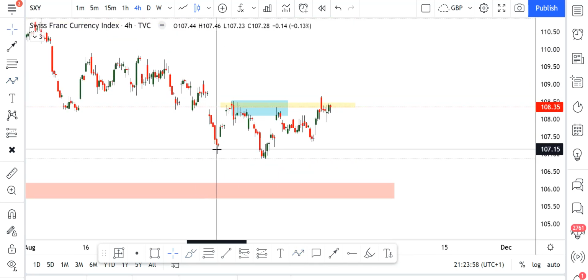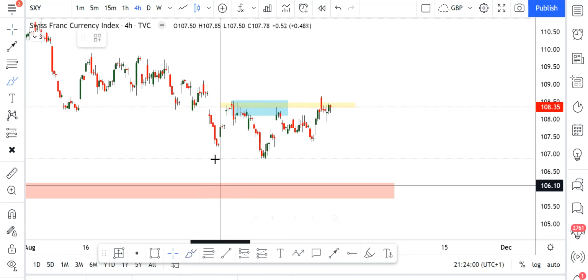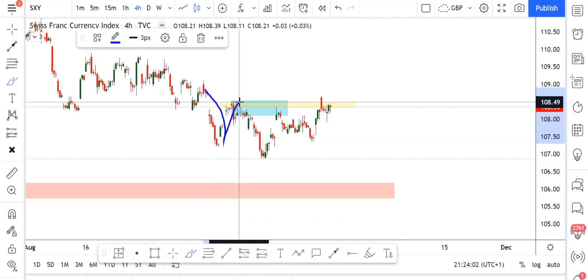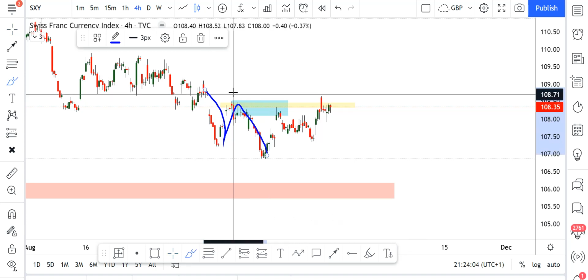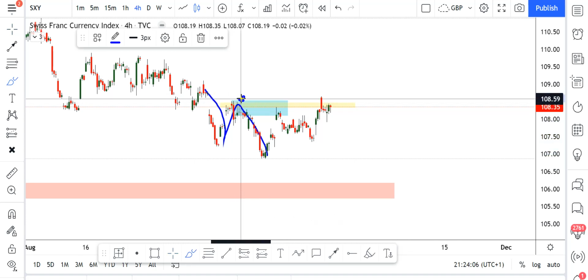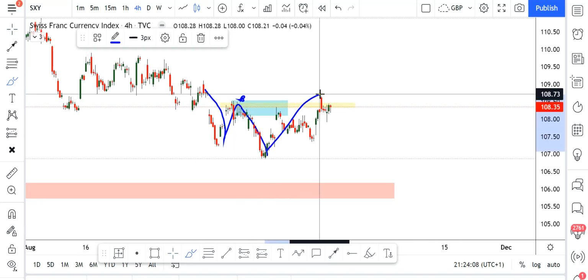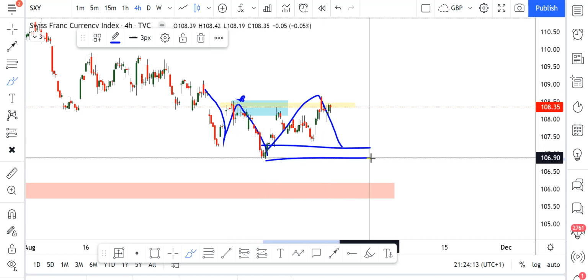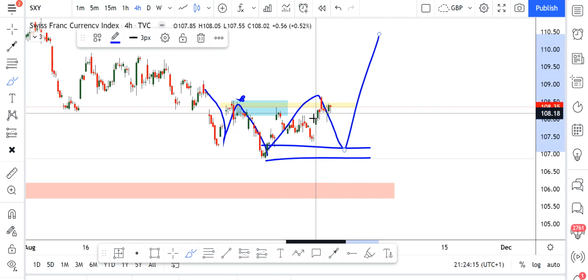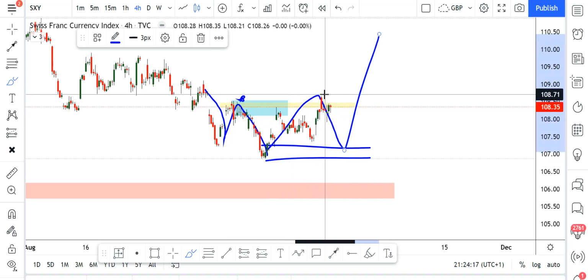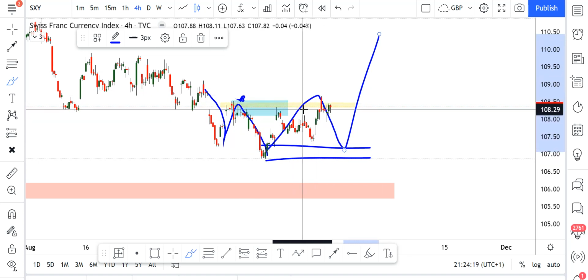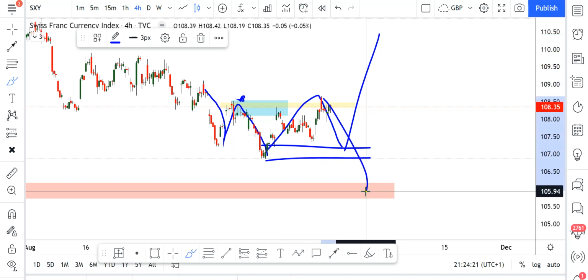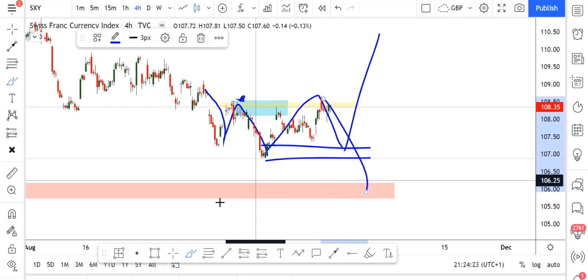Now, if you look at the 4-hour, if you see price action here, you can see that we are moving towards the downside. But at this particular point, we seem to have broken to the upside. Now, if price will come to this demand zone, then we expect price to move up. Else, if price comes to this particular supply zone, we may see price moving to the downside.